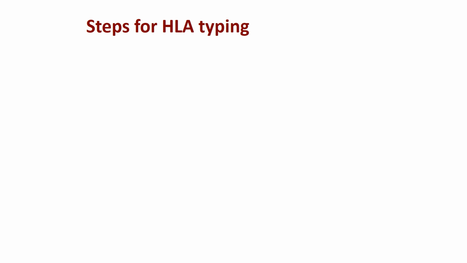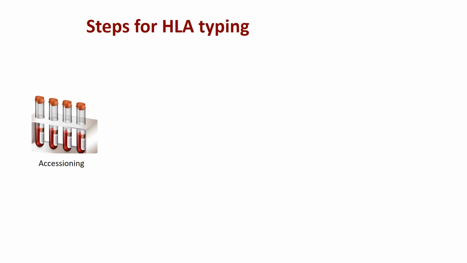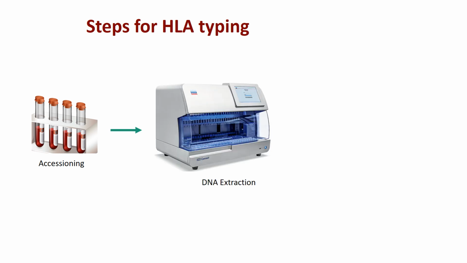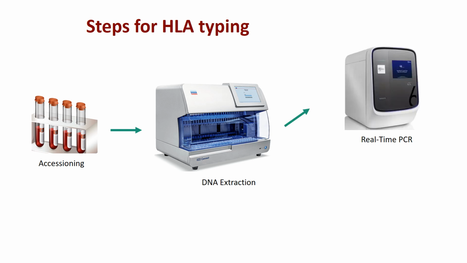These are all the steps that most HIL labs, or histocompatibility labs, follow for HLA typing. First, the samples are received in the lab and then they are accessioned. After accessioning, the samples go to the DNA bench for DNA extraction. Depending on the urgency of the sample, it may be typed by low resolution typing using real-time PCR.